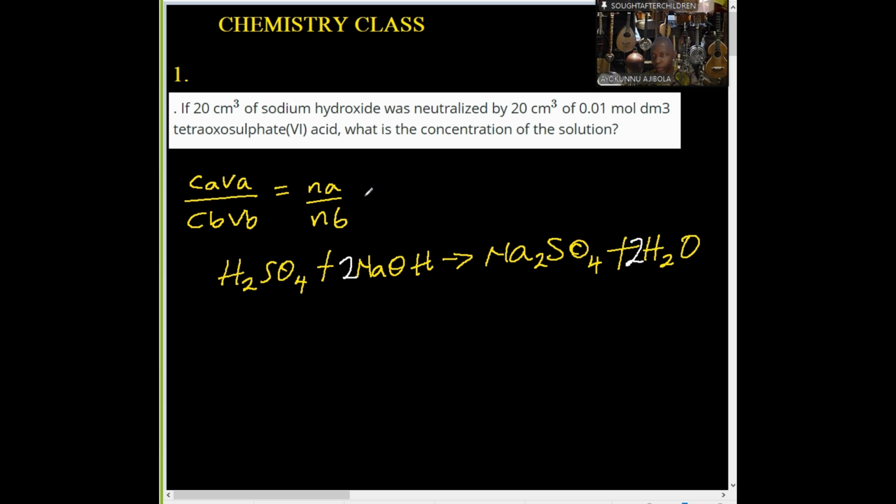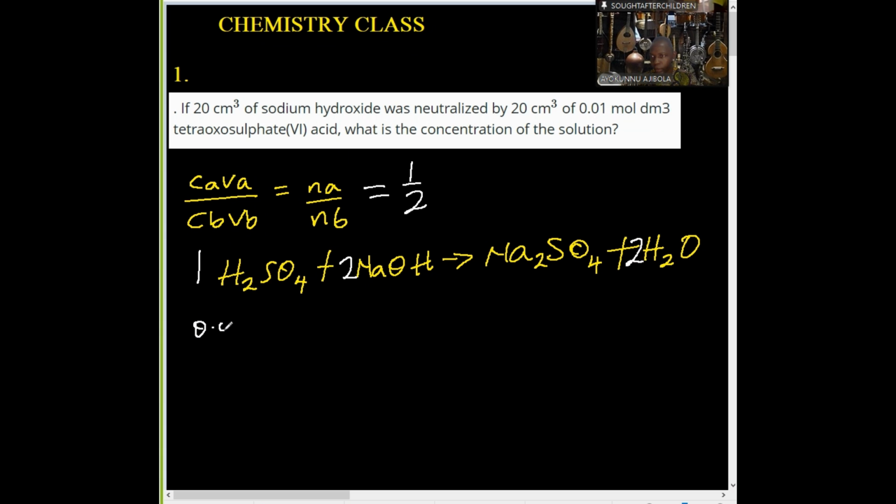So that means NA over NB: acid is 1 mole, then this is 2 moles. So NA over NB will be 1 over 2. What is the concentration of the acid that we are given? 0.01.